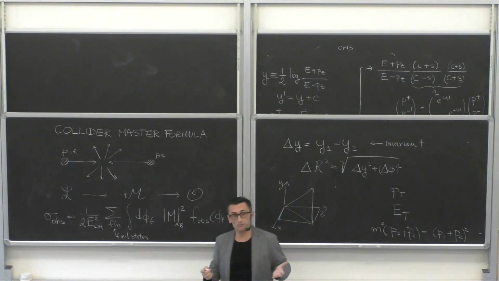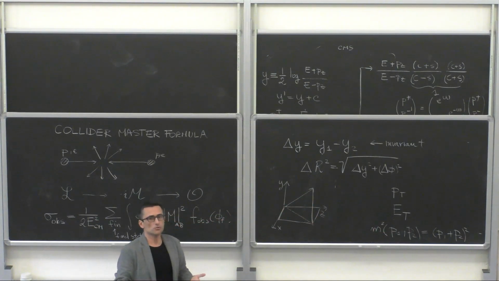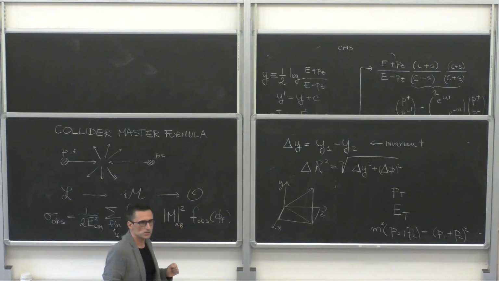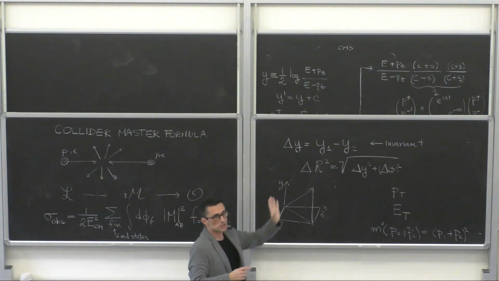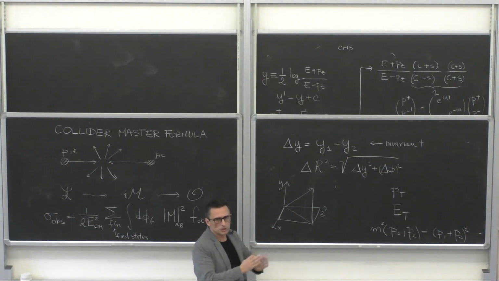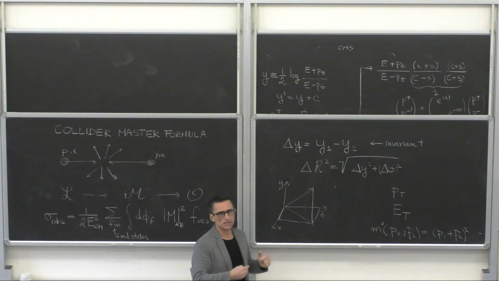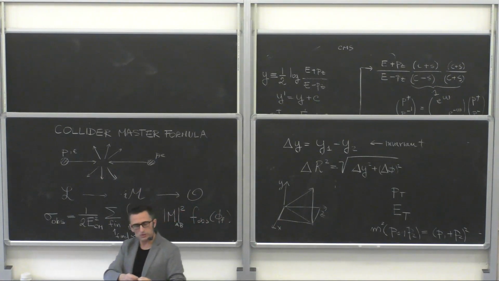For example, a photon is neutral, so it doesn't leave any track in your tracker, but it leaves a signal in your calorimeter. So if your calorimeter is very well segmented, you also know the angle, you know where it comes from in the rest of the event. So you can track it down to the interaction point.